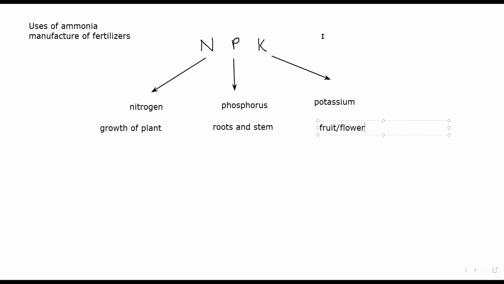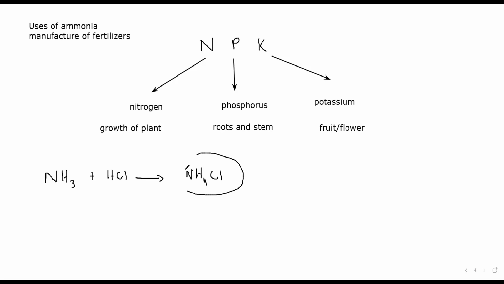How are these fertilizers formed? When you have ammonia and it is reacted with an acid, for example ammonia reacting with hydrogen chloride, what will it result in? Ammonia plus hydrogen chloride, HCl, results in the formation of ammonium chloride, NH4Cl.